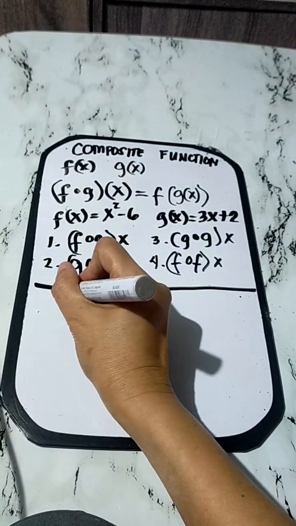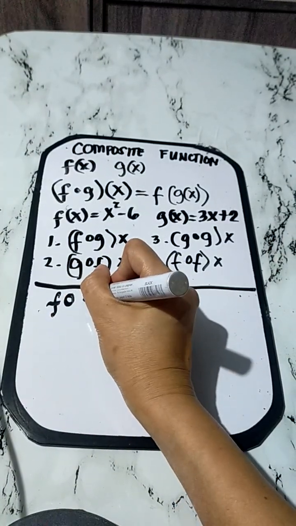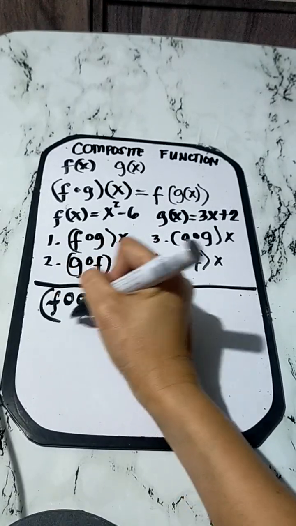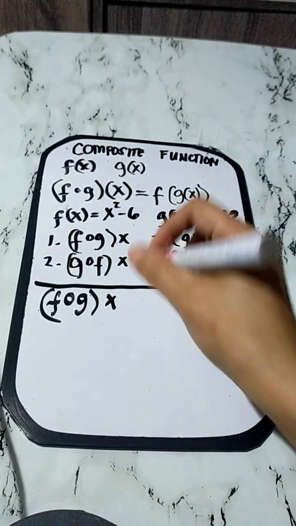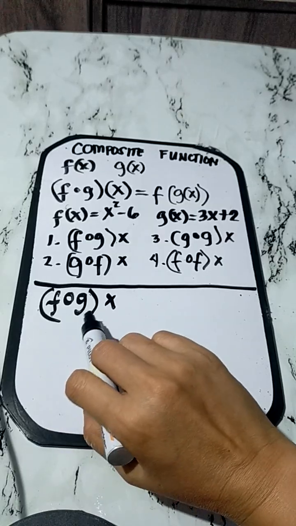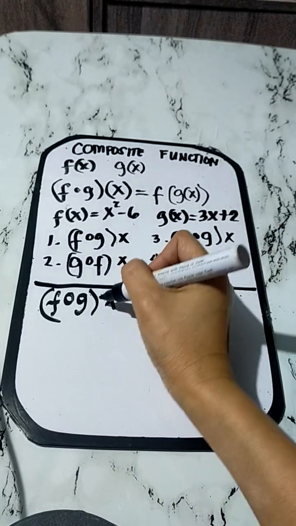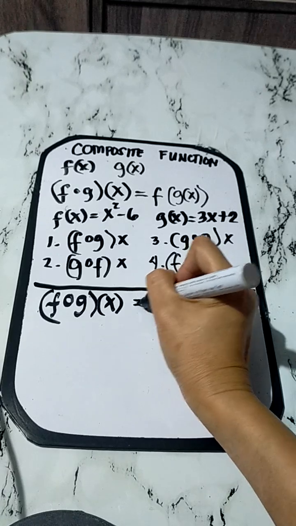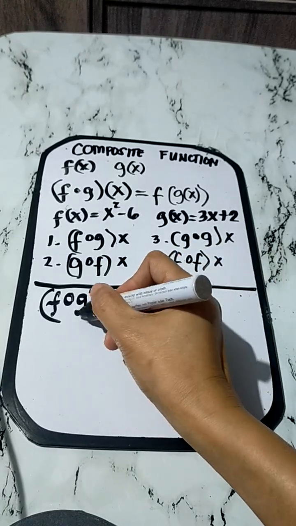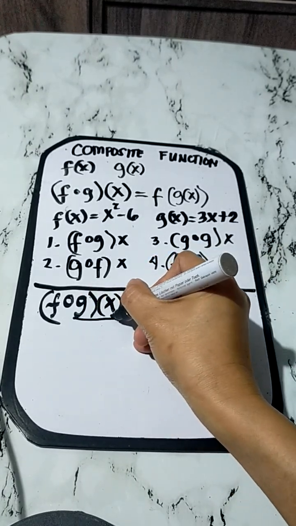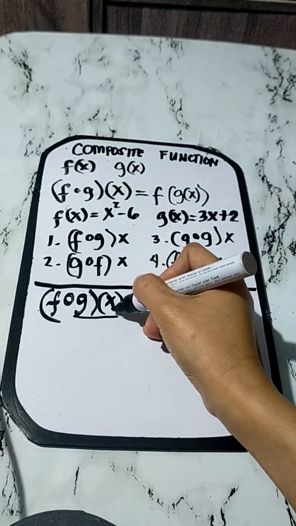So we have f of g of x, or f composed of g of x. This is our new domain, or this is our output.